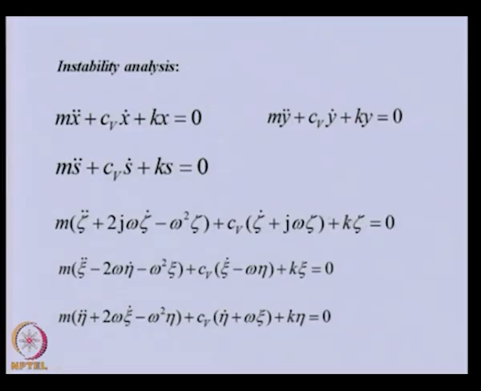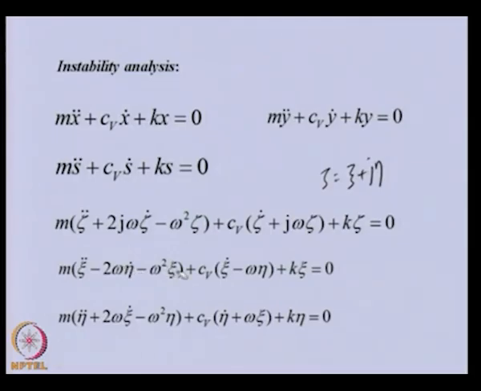And because zeta is defined as xi plus j eta, we can split this equation into real part and imaginary part with the help of this expression. So in the direction of xi, we will get this equation. We can see that a j term is there, so that will give, after multiplying, the eta term here.